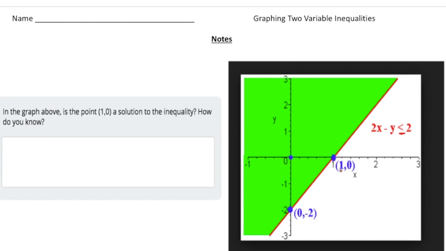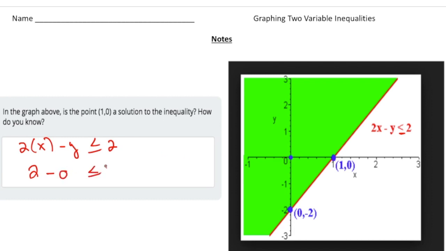The question is, is (1, 0) a solution to this function? Well, let's plug in the values. If we have 2 times x minus y is less than or equal to 2, let's plug in 1 for x. So 2 times 1 is 2, minus... let's plug in a 0 for the y.